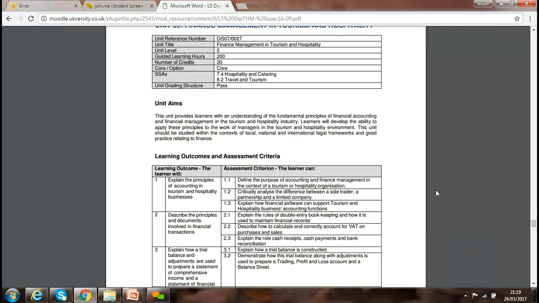What is meant by accounting then? Any definition of accounting? Accounting is a means of being able to collect all information together. Okay, brilliant.